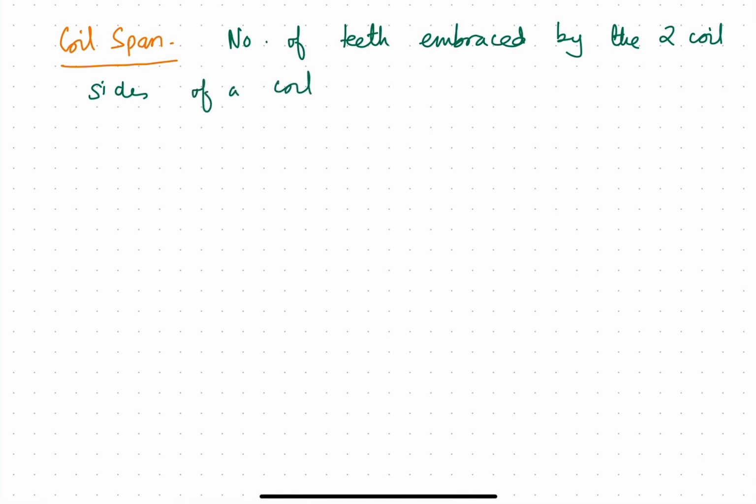So the number of teeth of the armature which the two coil sides cover is known as the coil span. In general, the coil span is usually equal to the pole pitch.